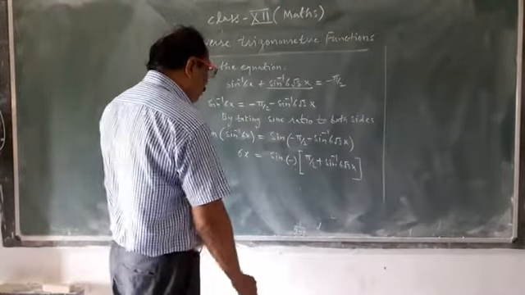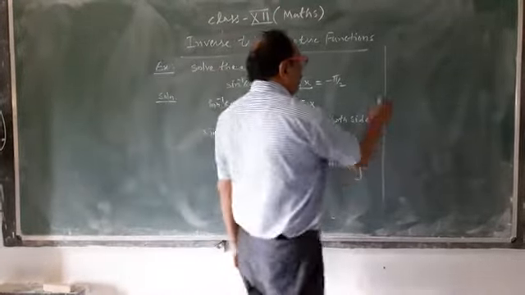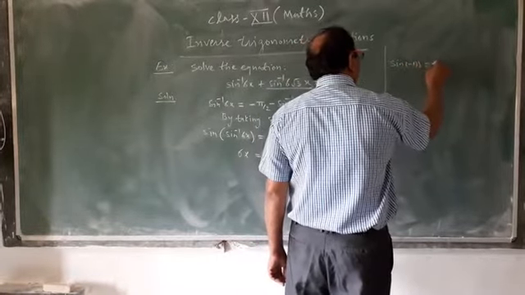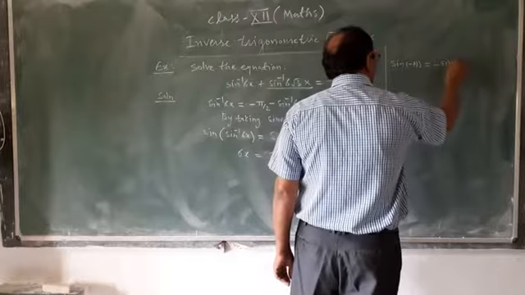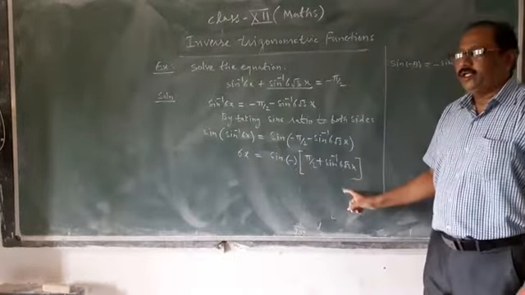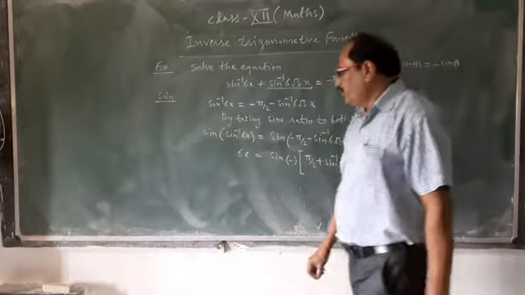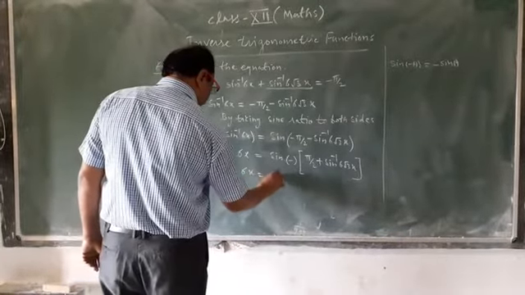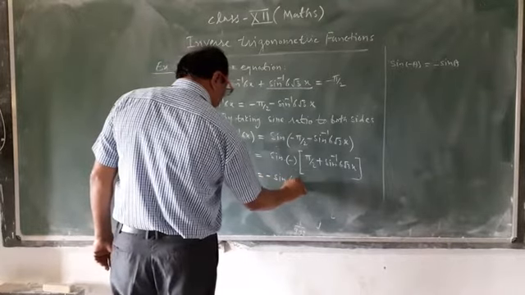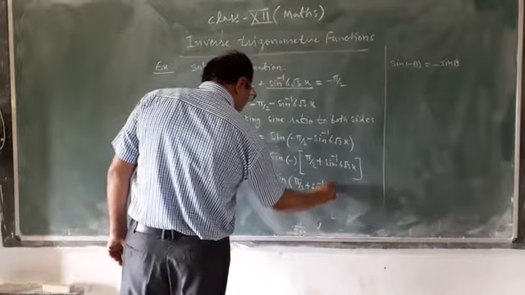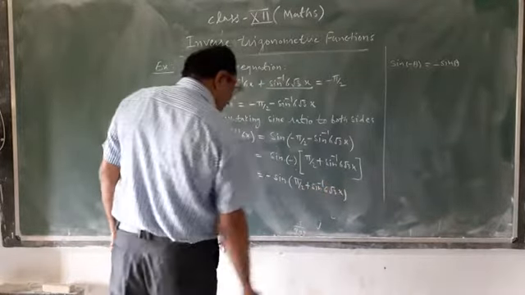Sin of minus theta is equal to minus sin theta. Therefore, 6x is equal to minus sin of pi by 2 plus sin inverse of 6 root 3x.